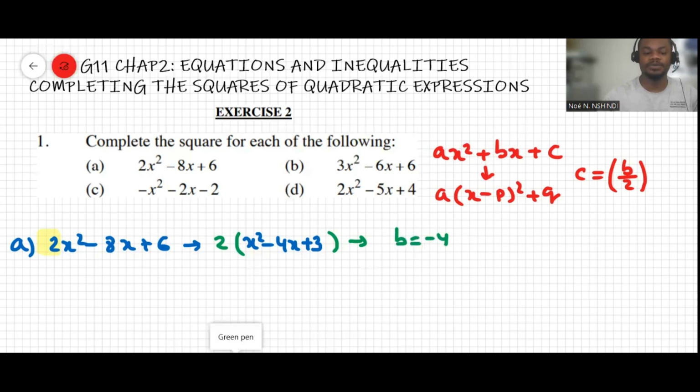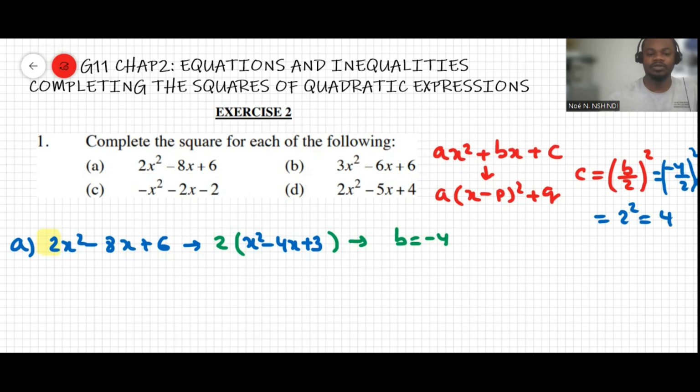So we can say here negative 4 over 2, and all this to the power of 2. This will make 2 squared, which is equal to 4.